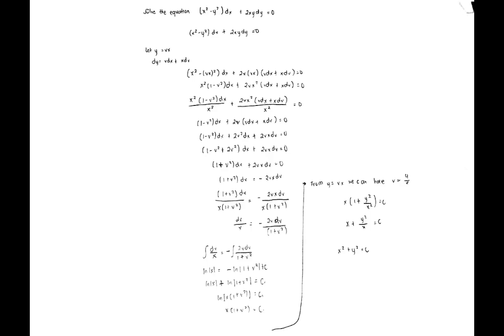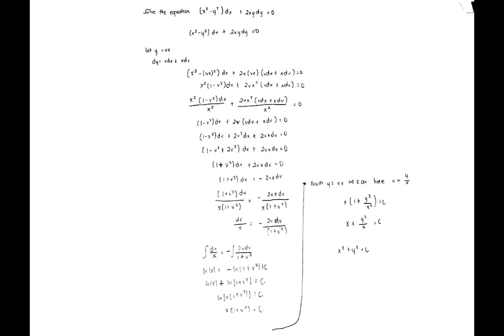By simplifying, (1 plus v squared) dx plus 2vx dv equals 0. Now we move the 2vx dv and it becomes negative 2vx dv. To separate it, we divide both sides by x times (1 plus v squared). The remaining, we have dx over x equals negative 2v dv over (1 plus v squared).